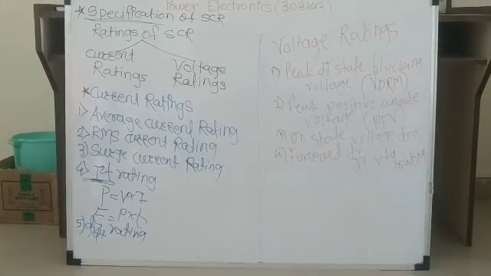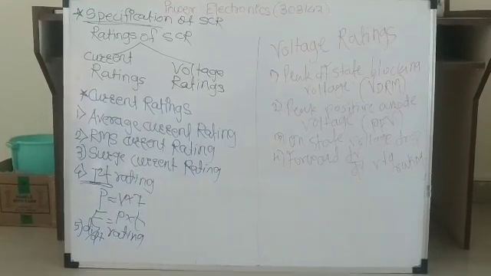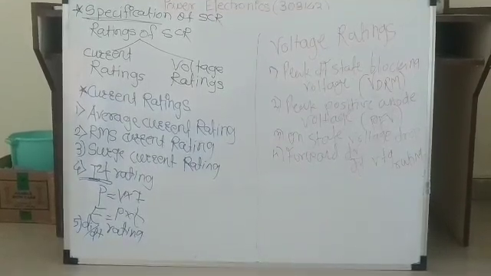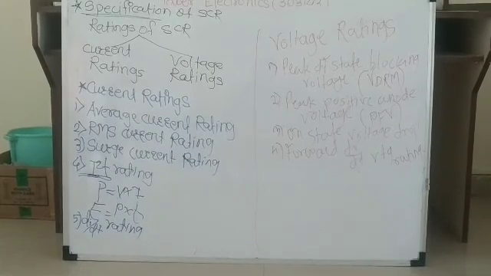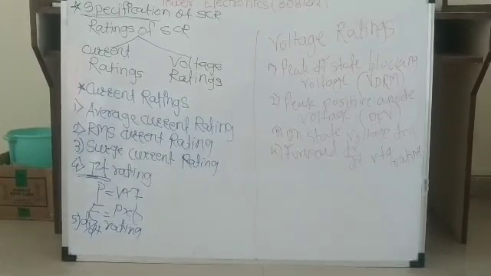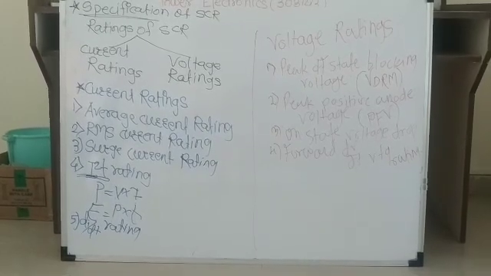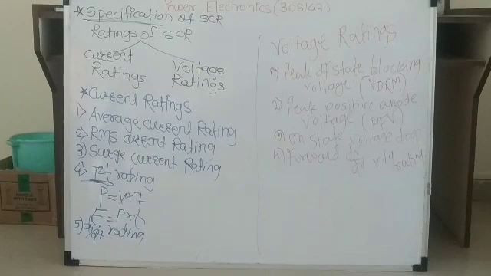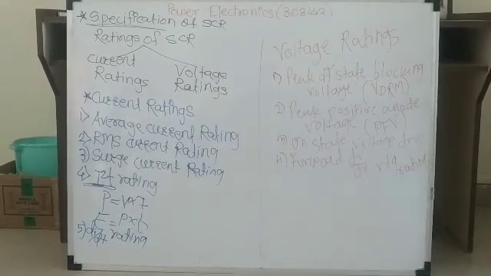Di by dt means the change of anode current with respect to time. Here dV by dt indicates the change in voltage with respect to time. It is the maximum rate of rise of anode to cathode voltage that will not turn on the SCR with the gate terminal open.